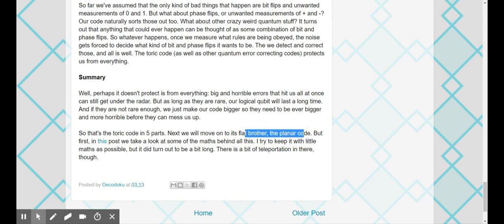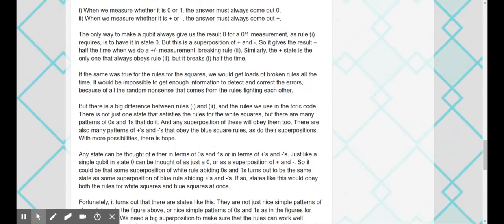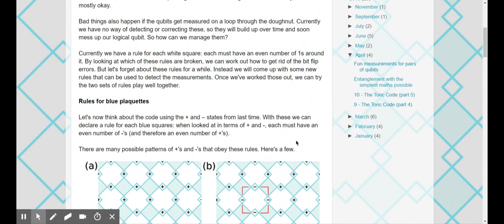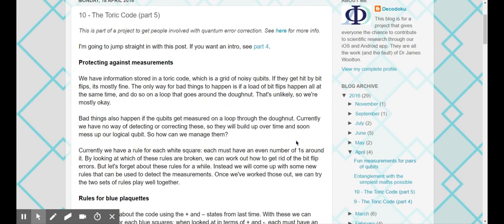The planar code. So that was the toric code because of the toric geometric figure, but the planar code is what we want to get to. I mean, that's what I read somewhere, that someone figured out the planar code works as well, and it's a simpler model for that. But that doesn't answer how do you perform operations in this. This introduction to the toric code didn't answer how do you negate?